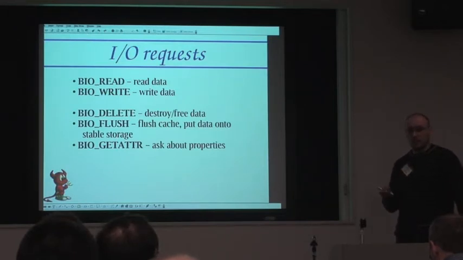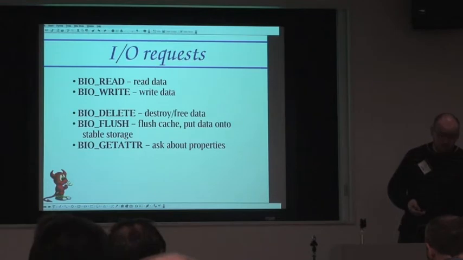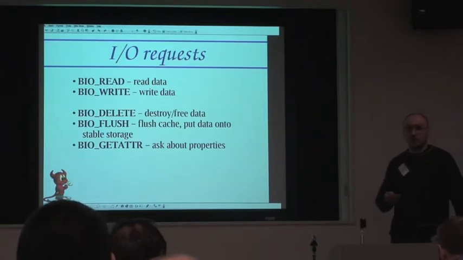And if below us we have an encrypted provider like GELI, it will probably overwrite the data with some random data. And for example, if we have a memory backed device, it can just free the data.